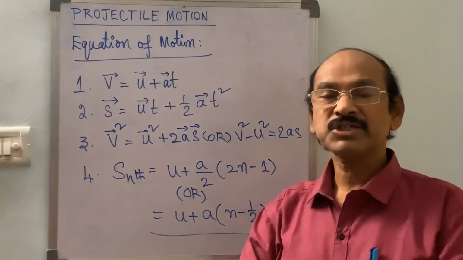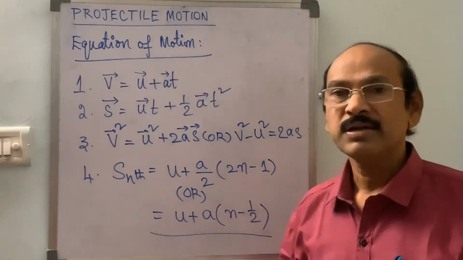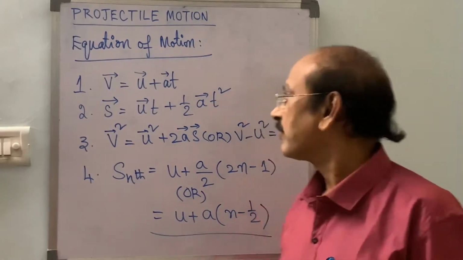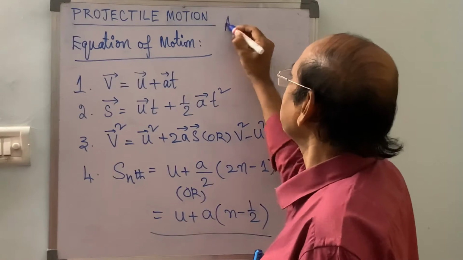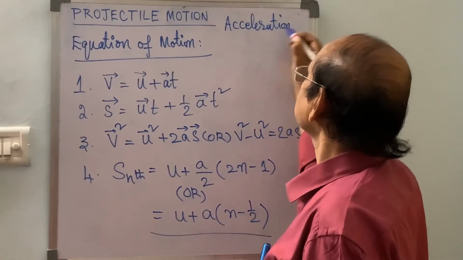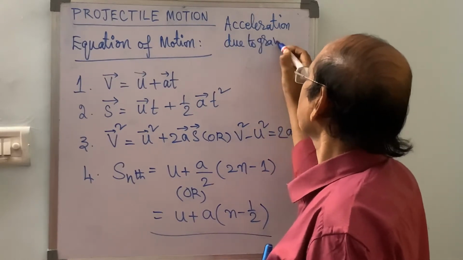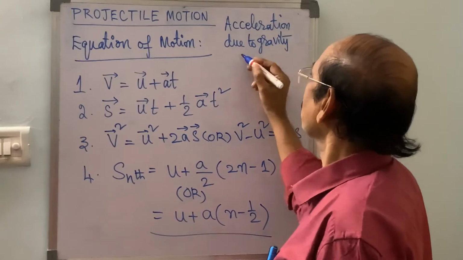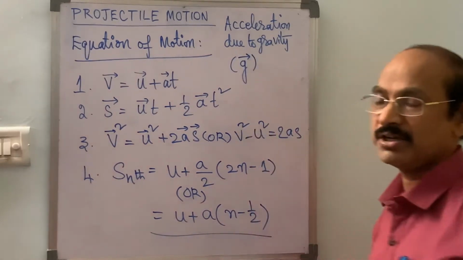So the acceleration produced in a freely falling body is called acceleration due to gravity, and this acceleration due to gravity is denoted by small g bar. It is a vector quantity.